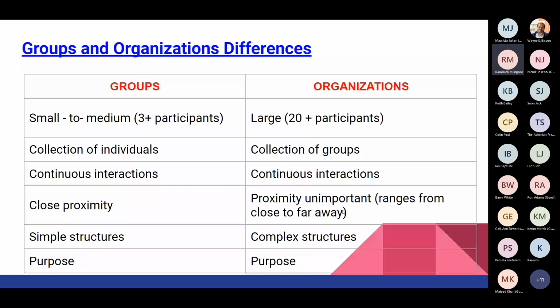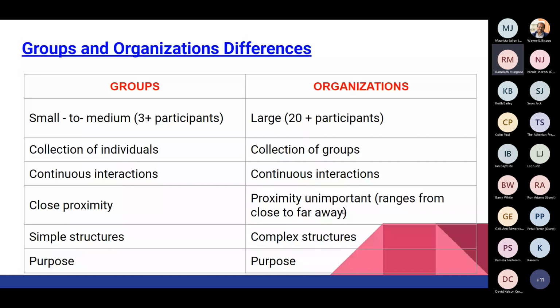First of all, we will ask the question of who, and that is the number of people involved. In groups, they have small numbers, a little more than 3, within 3 to 20 or less. And within our organization, there are 20 plus participants. We also ask what and how, as to why this collection of individuals exists, with regards to their roles and function.